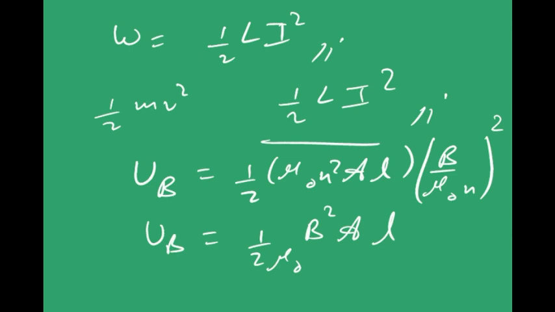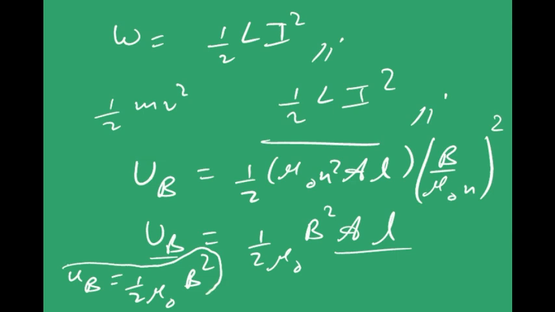So what will be the energy stored per unit volume? That will be this energy divided by volume. Volume is Al, so Al gets cancelled, and finally I have half mu naught B square. This is the magnetic energy stored inside a solenoid per unit volume.